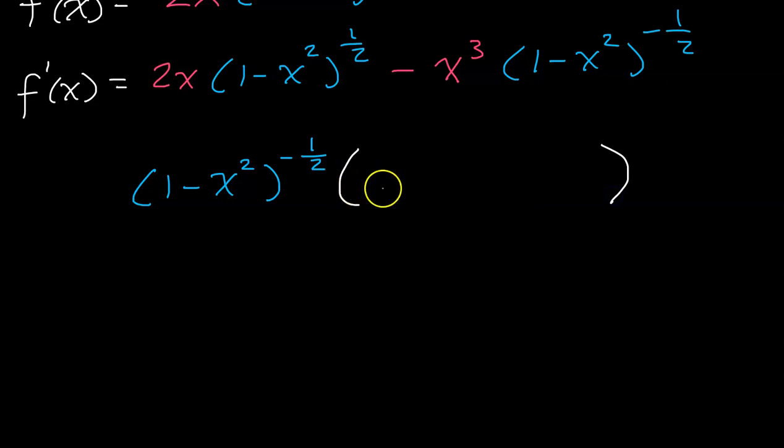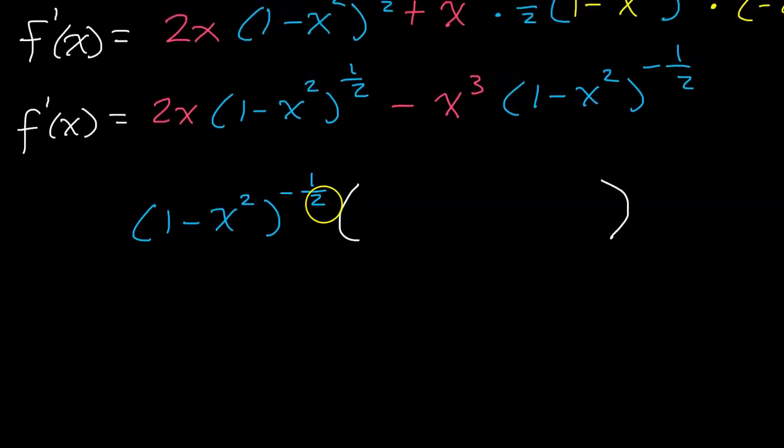Now, to figure out what's going to go on the inside, let's use that shortcut where we subtract this exponent. So remember, when we go to subtract negative 1/2, we're going to wind up adding 1/2 to these exponents.